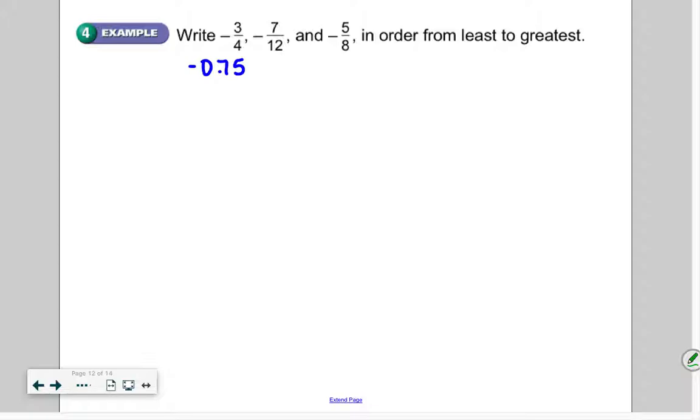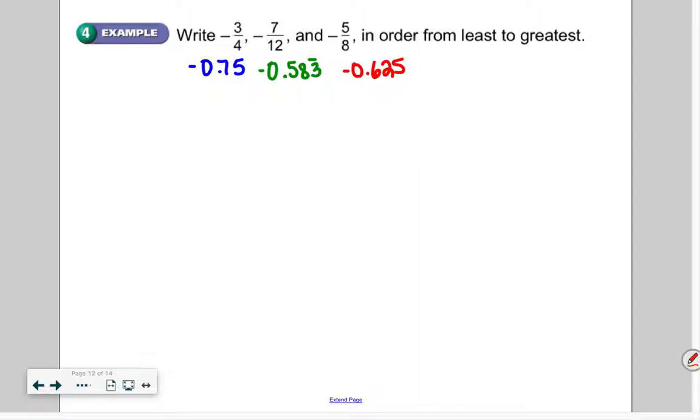What decimal do we get there? -0.583 repeated. Just the 3 repeats? Yeah. Okay. How about a -5/8 as a decimal? -5/8 as a decimal. What's that? -625 thousandths.